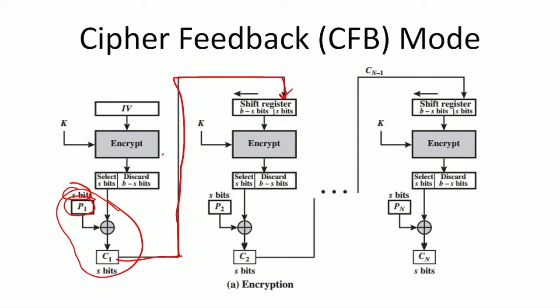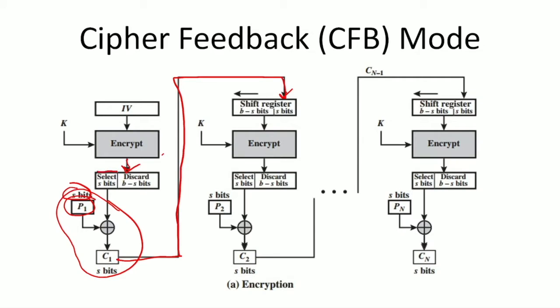So in encryption using CFB mode, we start with the initialization vector and encrypt it to get a key block, just like we did in OFB mode. Right, so this is basically the key block that we got, just like in the OFB mode. Then depending on how many S bits we want to encrypt at a time, we will select that many bits from this key block and discard the rest.